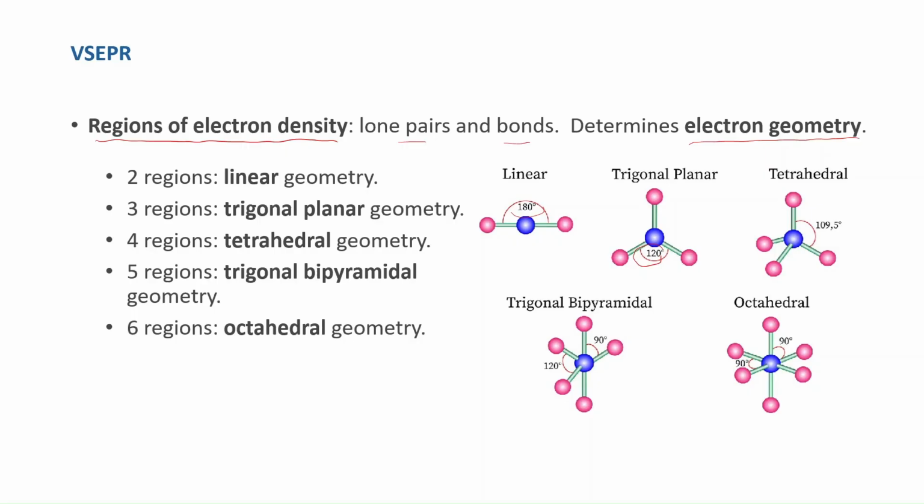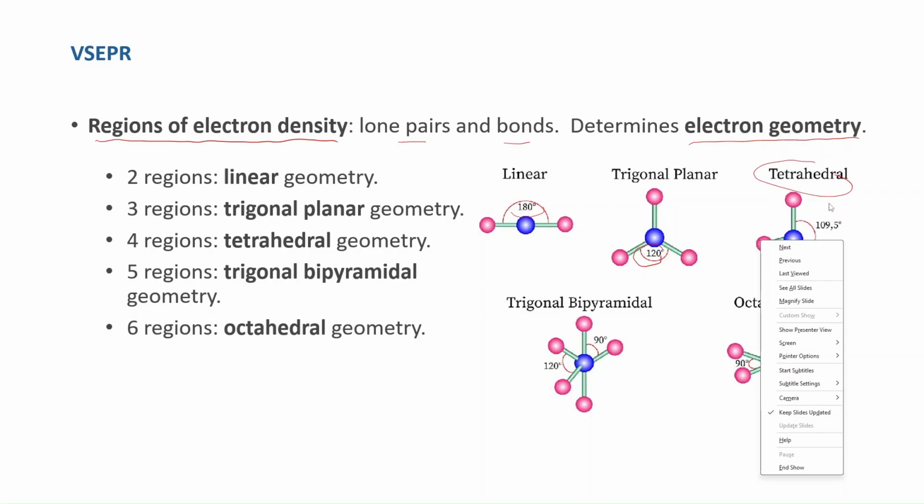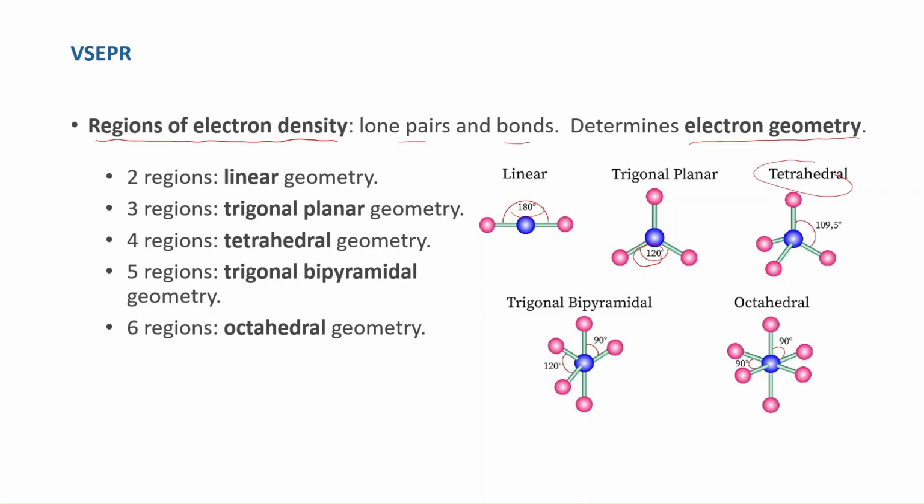The more you understand, the less you have to memorize. When you have 4 regions, we have tetrahedral, and you cannot see it in here, but actually this one is coming outside of the screen and this one will be going behind the screen. This one and this one are in the plane of the screen. And the angle is, I usually call just 109 degrees for simplicity.